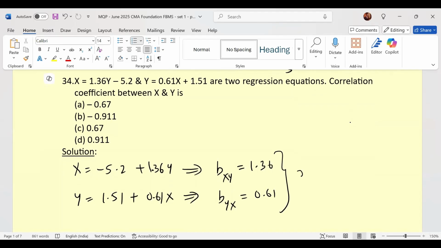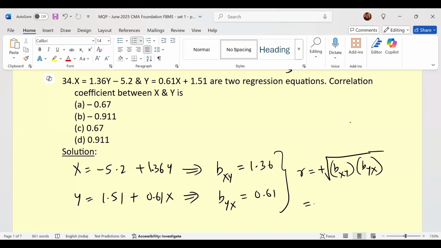So based on this, we can find that both the regression coefficients are positive. So correlation will be positive. This is the square root of bxy multiplied by byx. If we get a correlation coefficient's value between -1 and +1, then we can consider that to be a valid correlation coefficient.